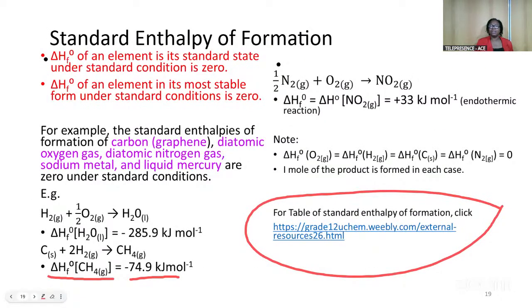What about this other one? Formation of NO2 gas. 1 mole of it is formed from half a mole of N2 gas and 1 mole of oxygen. Don't forget, they will be in standard conditions and you will form only 1 mole. If it is more than 1 mole, then you are not talking about standard enthalpy of formation. Please bear that in mind.